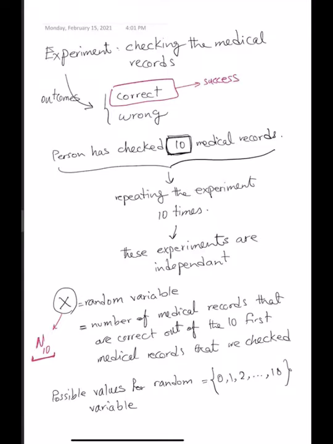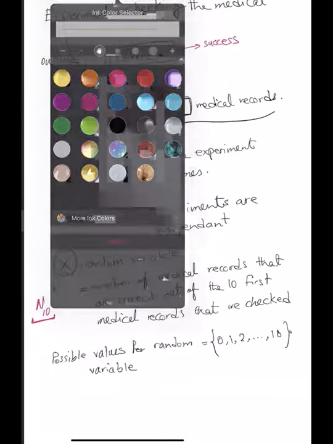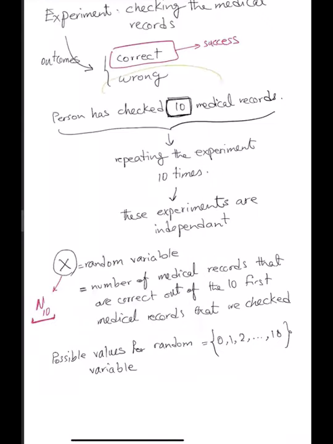If in the same experiment I tell you, let random variable x show the number of medical records that are not correct, that are wrong, then you would define success as the medical record being wrong. Keep that in mind: you define what success is in your experiment.